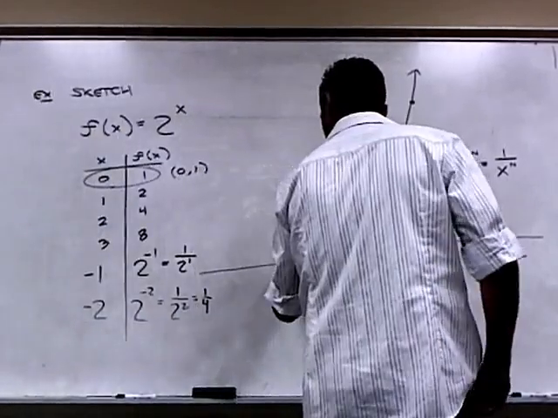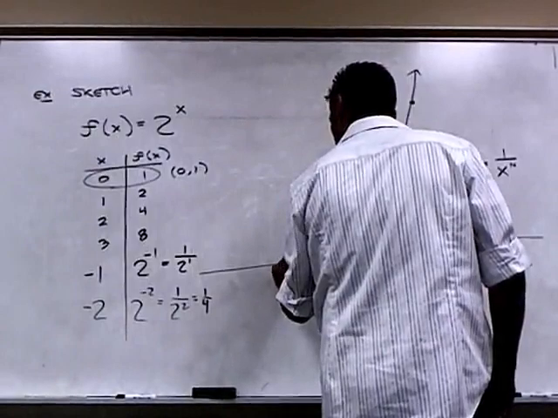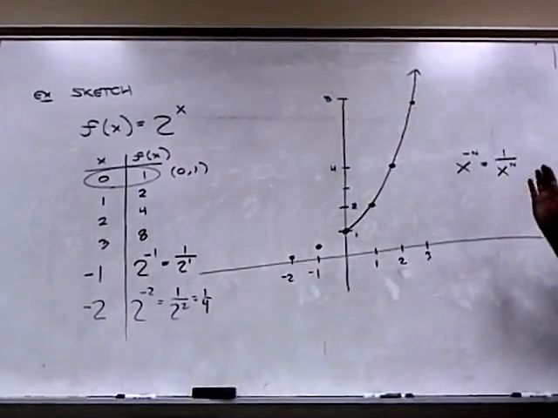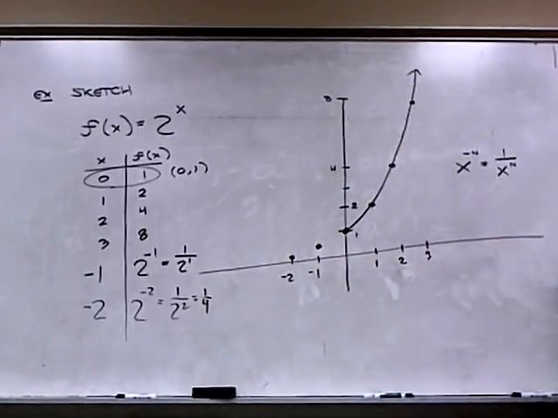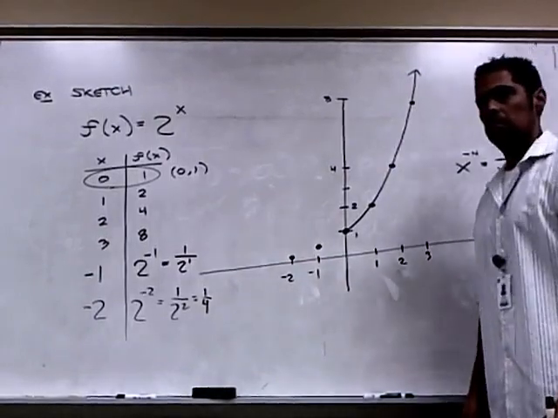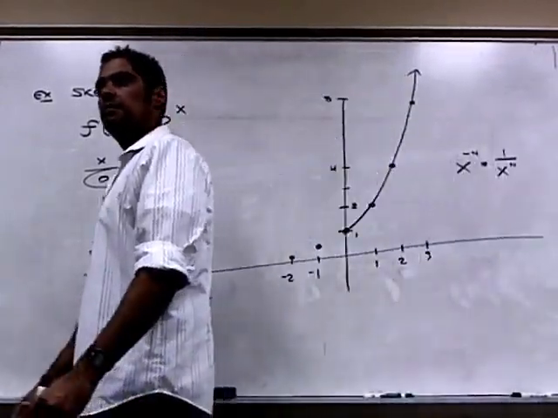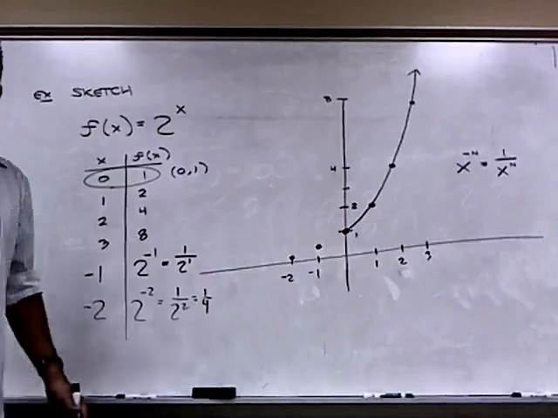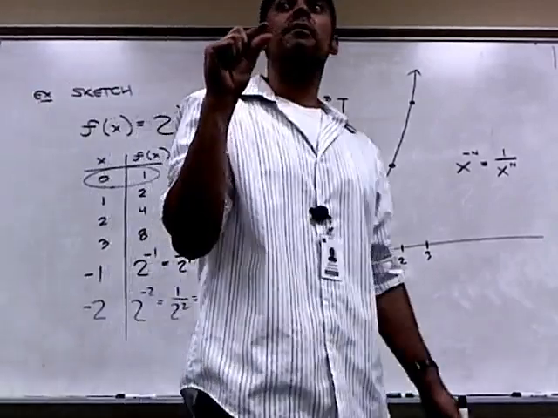What's happening? It's getting smaller, right? What if I go to -3? What am I going to get? 1/8. What if I go to -4? 1/16. -5. 1/32. -6. 1/64. -40.